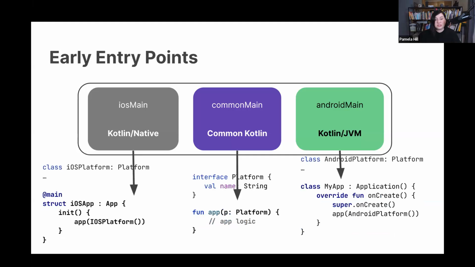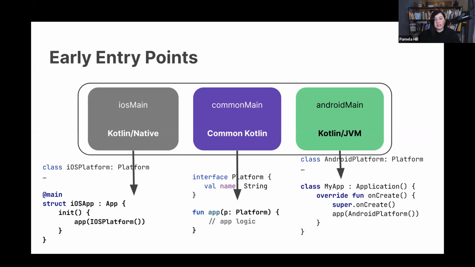Then you can also use something like early entry points. So you would define a function called app that takes a parameter of type Platform, and then you perform all kinds of different app logic on it. So you need to call this app function somewhere in the beginning of your application.